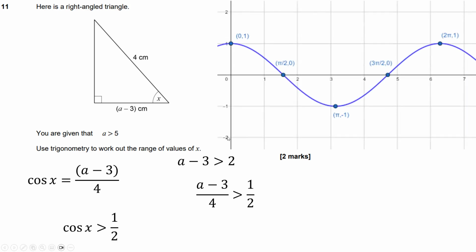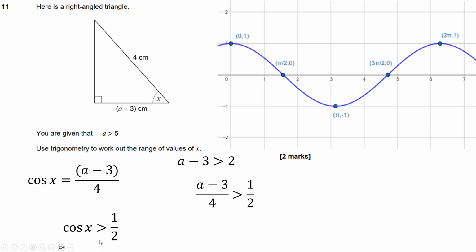If you have a look at the cosine graph, which I've brought up because it's a bit easier to understand with it, and I personally don't think this question should be 2 marks. I think it should be maybe 3, because it's a little bit hard to think about. Say if it was a half, then it'd be 60 degrees. That's just an exact value that you should know. This on the side is your different values that it can take.